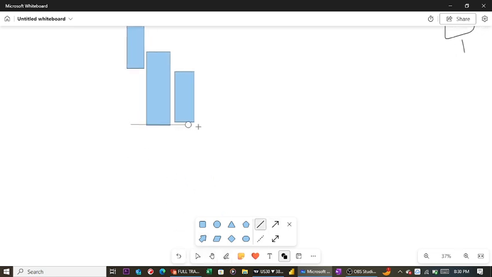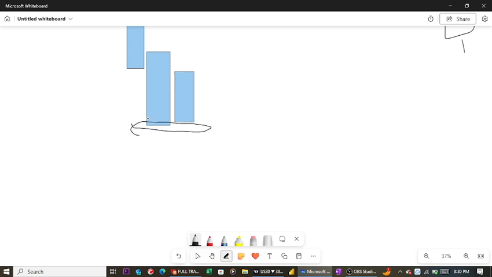Now, this level acts as a support. This is the head of the swing.